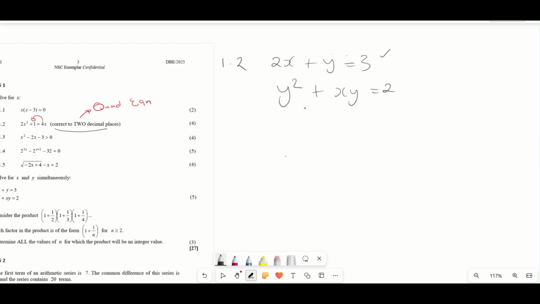Or alternatively, I can multiply, no, if I multiply this with y, then it won't work. Okay, I can multiply this part here, hold on. Okay, so that's the first one.